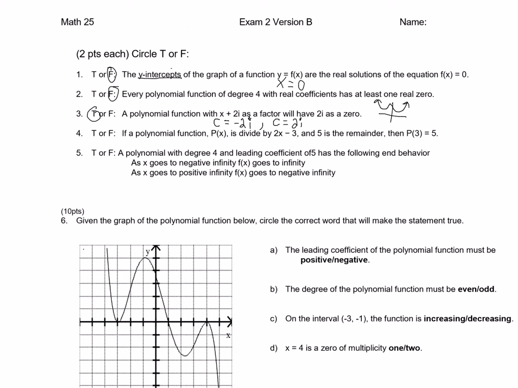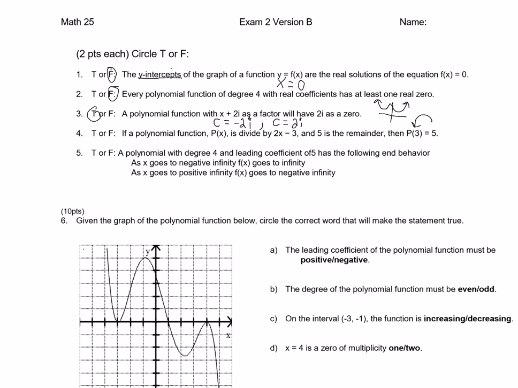Okay, question 4 here. If a polynomial function p of x is divided by 2x minus 3, and 5 is the remainder, then with the remainder theorem, if I plug in my value of c, I should get 5.